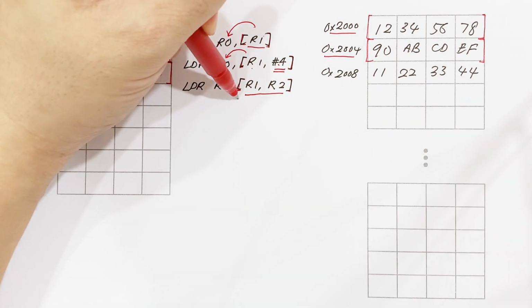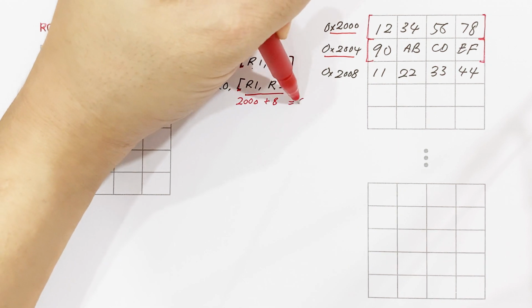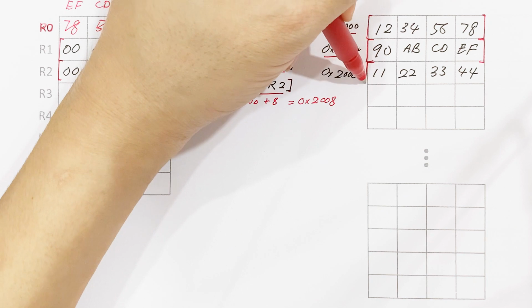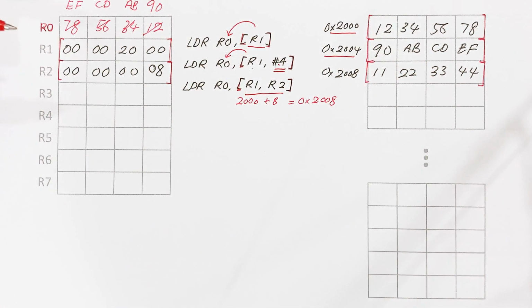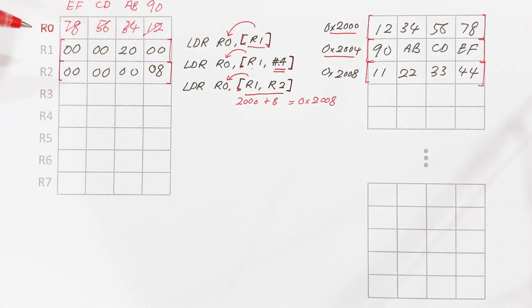So 2000 plus 8, you end up with the address 2008, and the data is 11 22 33 44, which is moved to register 0.